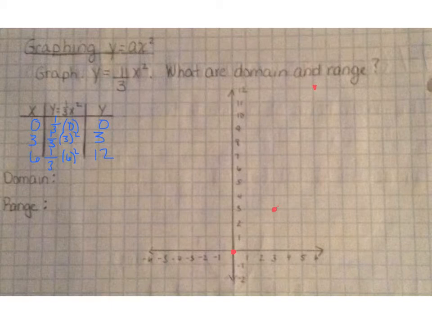So for example, this point (3, 3) also has to reflect over to (negative 3, 3). And our point (6, 12) has to reflect over to (negative 6, 12). Because for this particular problem, our axis of symmetry is the y-axis. That's our axis of symmetry, so that's what we reflect over. Now we can draw our parabola.